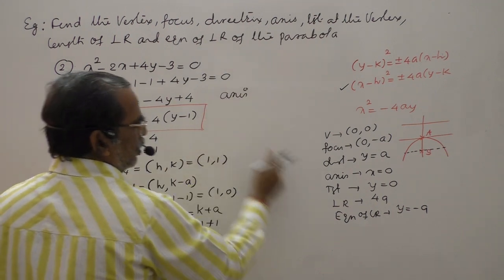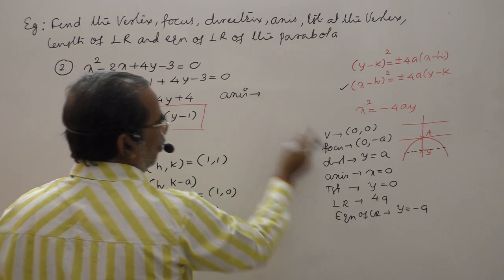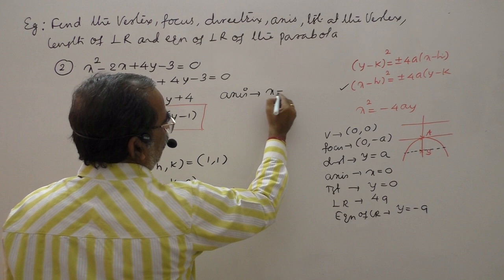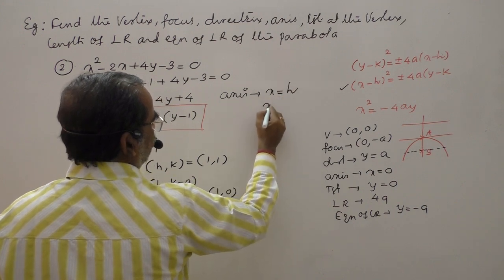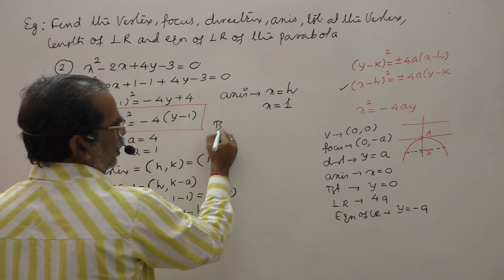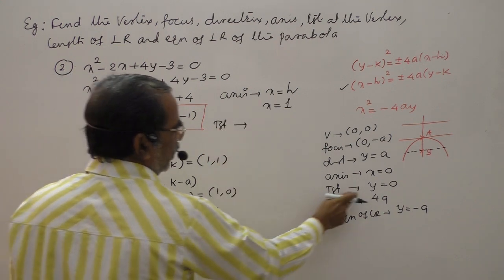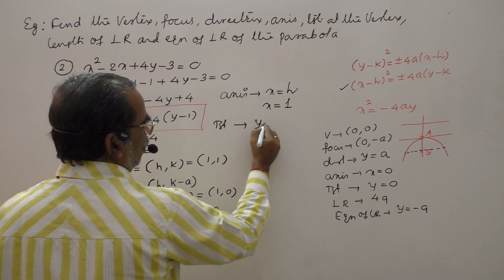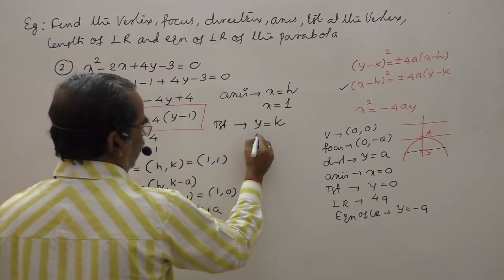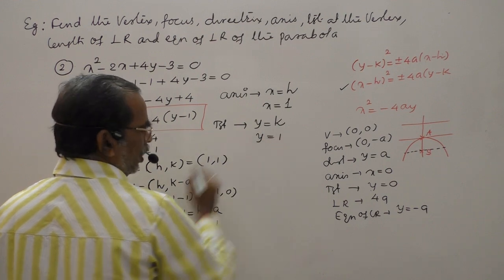What is axis? Here axis is x equal to 0 for this. What will be this? X is equal to h. X related things. H equal to 1. Next, tangent at the vertex. Tangent at the vertex is y equal to 0. Y related terms, y equal to k. What is k in the problem? 1. Y equal to 1.